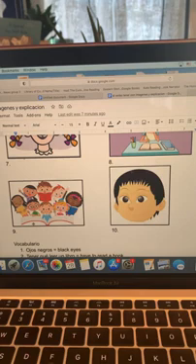Put a verb conjugated and add the word que, and then the action that they're doing. Physical characteristic.